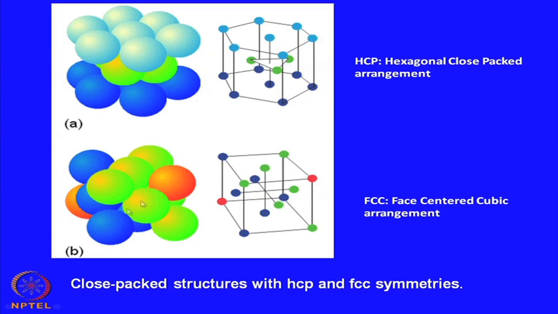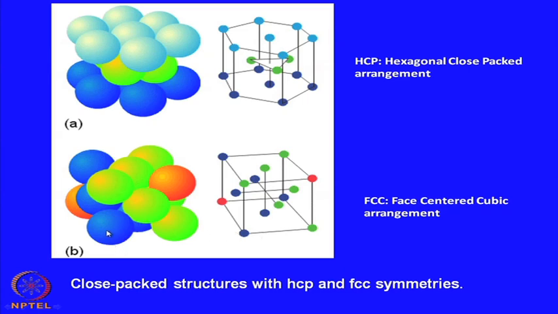The green one has 6 atoms, and this one also has 6 atoms, but in a different orientation. The bottom one will be another layer equivalent to the orange one on the top. So, actually there are 4 layers in this compared to 3 layers on the top.